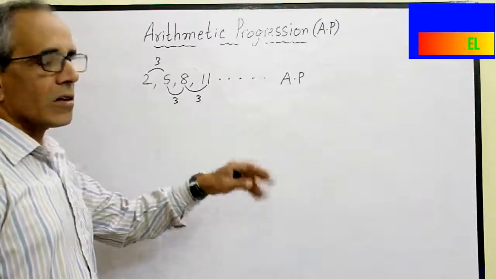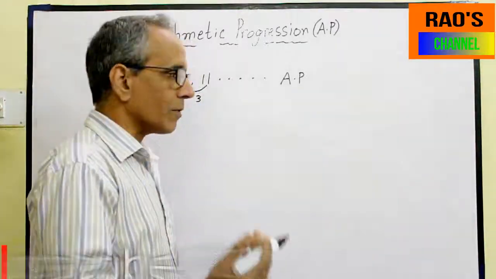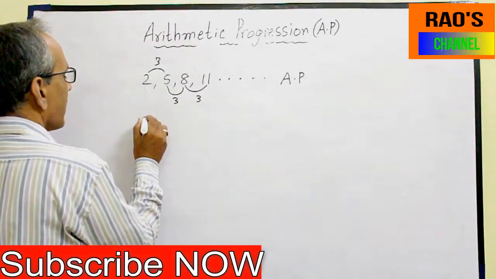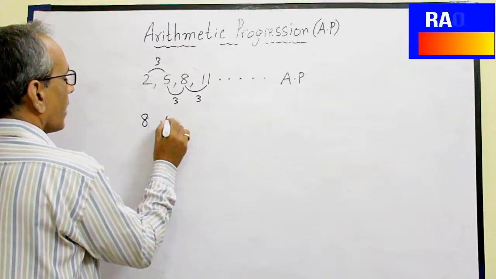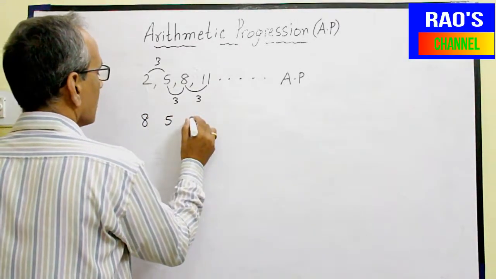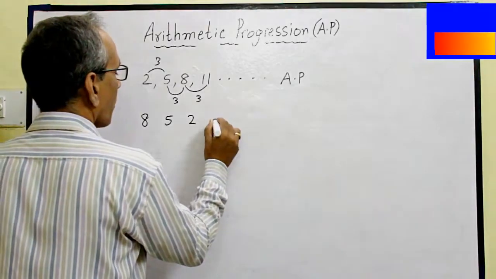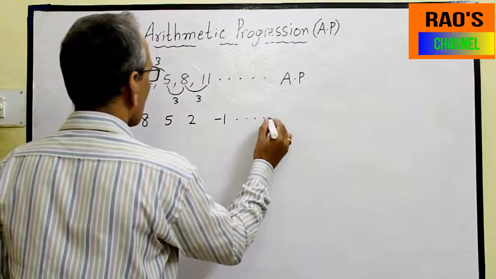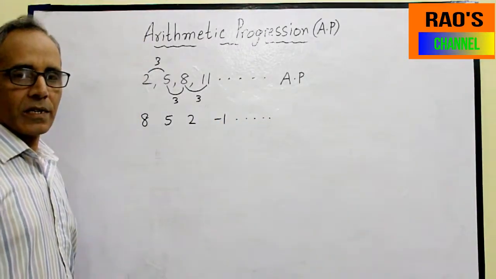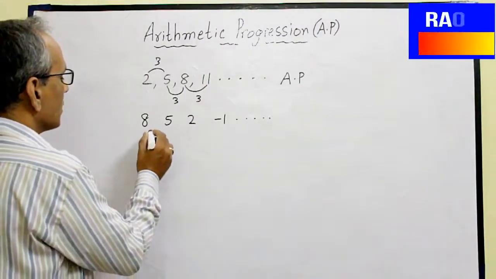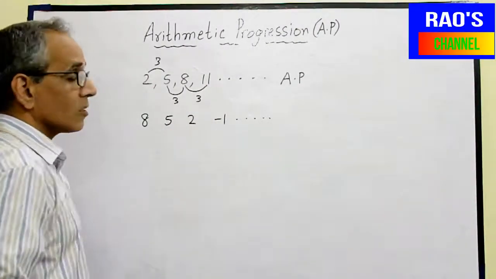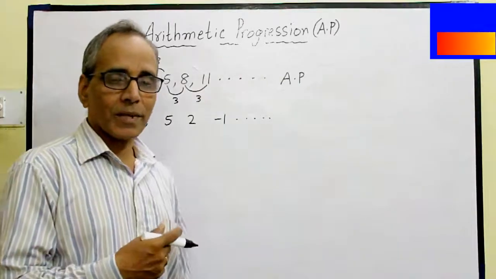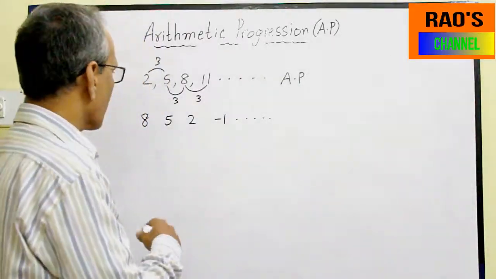It may not increase always, sometimes it may decrease too. Here is one more series, that is 8, 5, 2, minus 1 and so on. See here, the difference between two consecutive terms: we always have to subtract the former from the latter.